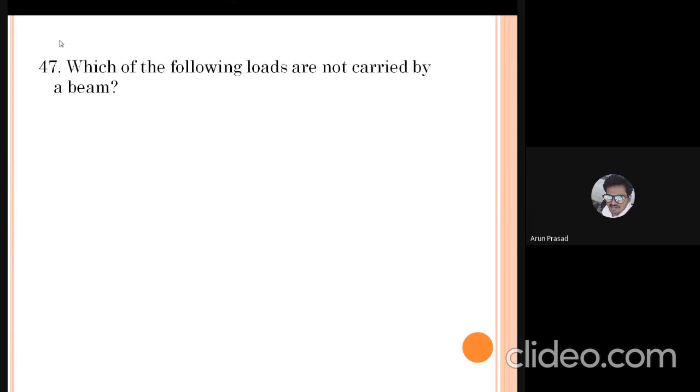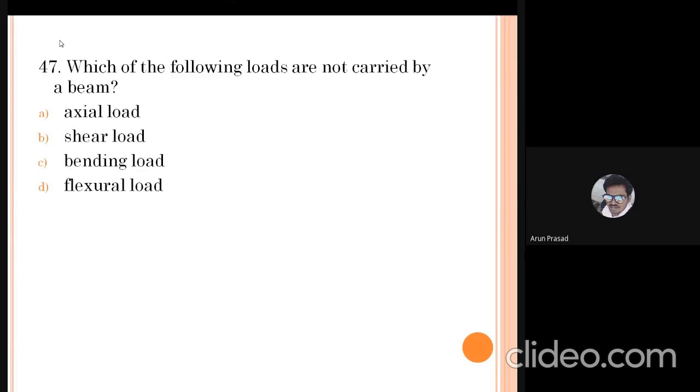Okay. So next one, which of the following loads is not carried by a beam? Axial load, shear load, bending load, or flexural load?